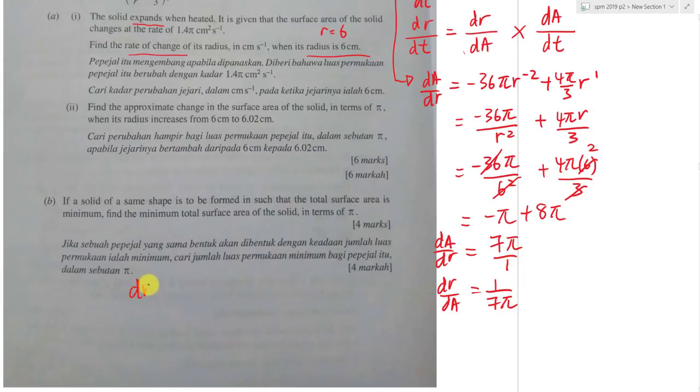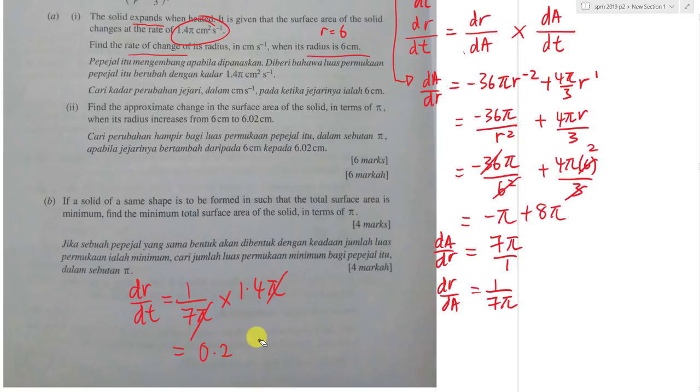So my dr/dt is 1 over 7 pi multiplied by dA/dt we have at the very beginning, which is 1.4 pi. So in order to get dr/dt, I just do 1.4 divided by 7, so I will get 0.2 pi. No more pi, pi and pi simplified, so I get 0.2.